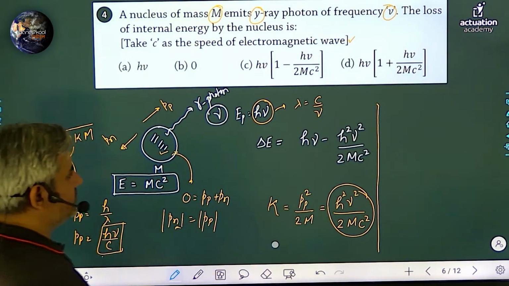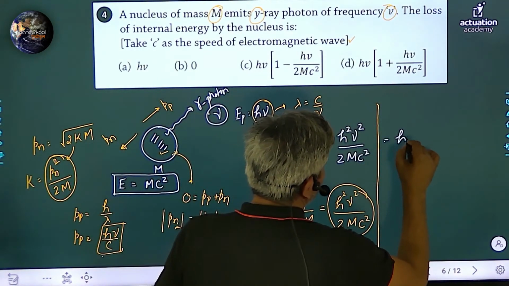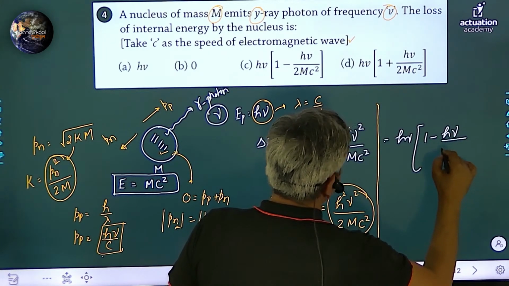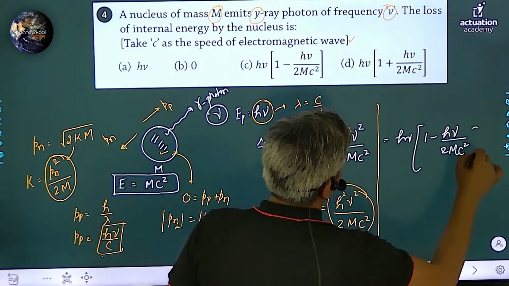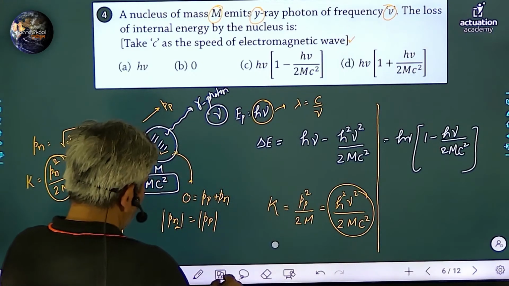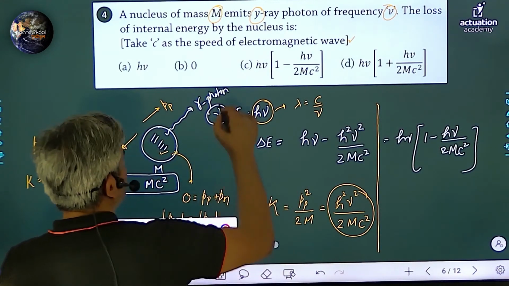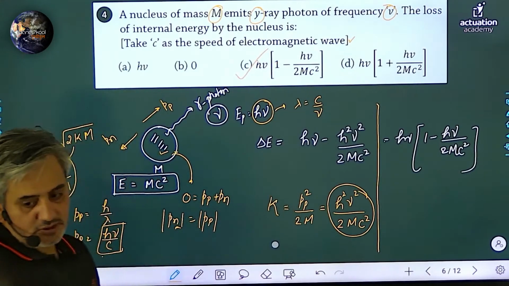So this can be written as h nu times 1 minus h nu over 2mc square. From the given options, C is the option which matches the loss calculation.